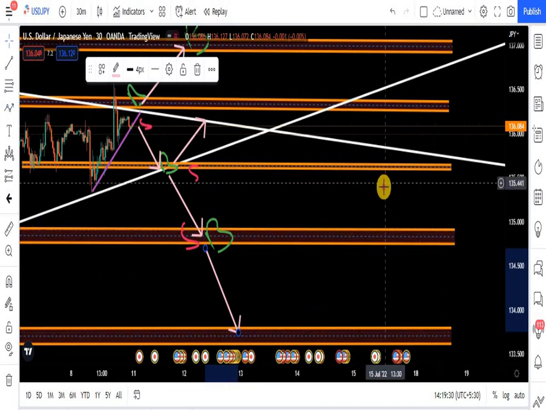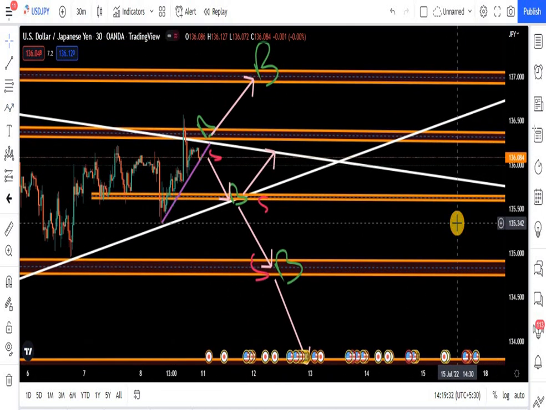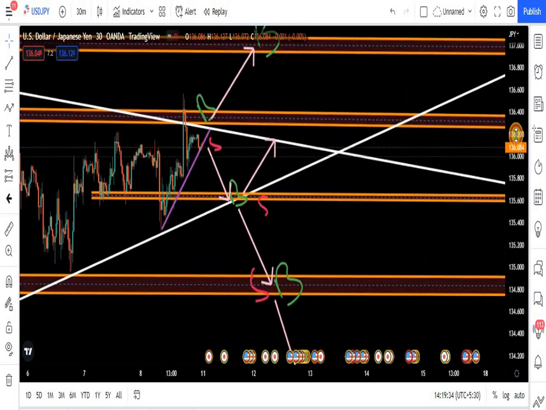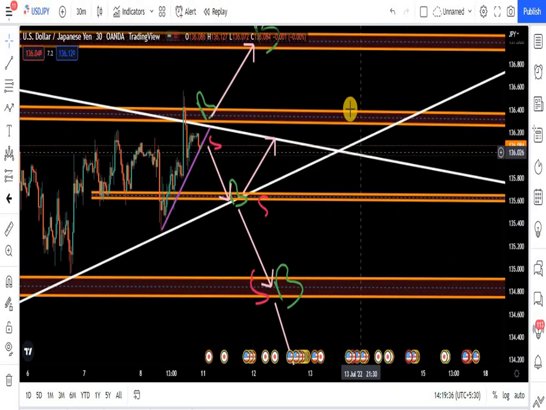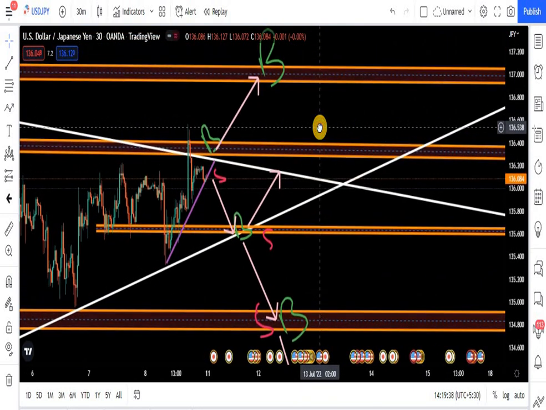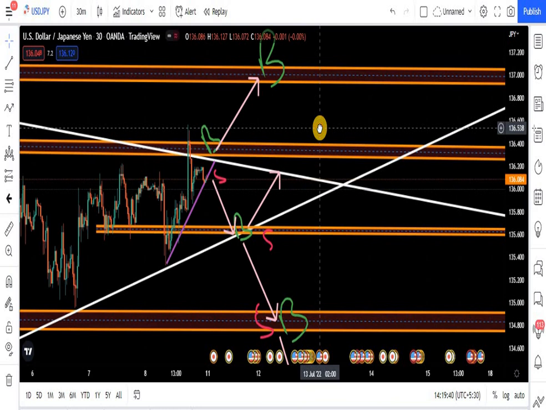Because in the market, there are always two ways the market will head, either up or down. So before the market moves, you need to know what the better levels are to enter and exit a trade.